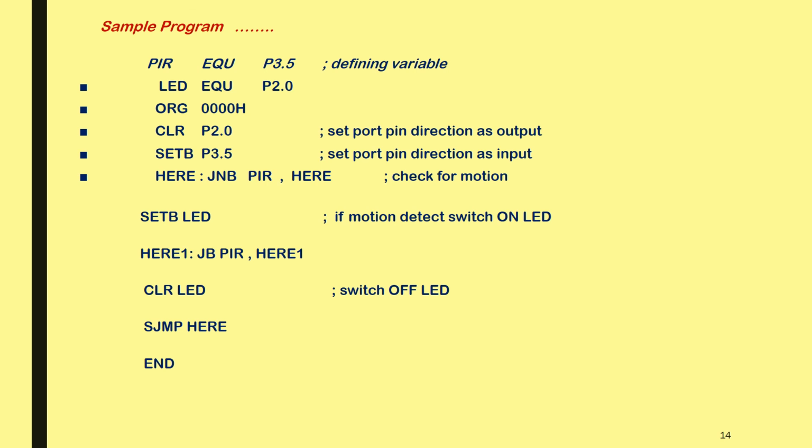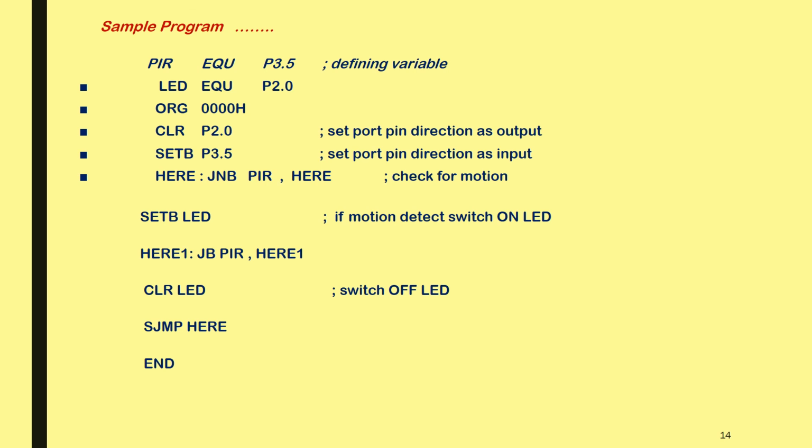Don't get confused here, because SETB is done on P3.5 and again we are observing it. In the beginning it is done just to observe what exactly is happening on that pin, and once it is set to 1, it will act as an input port, so we do that for accepting inputs.